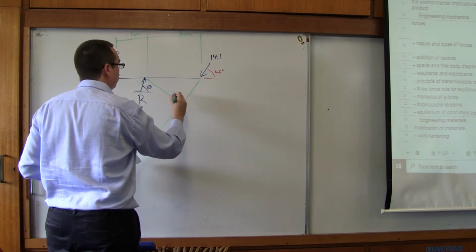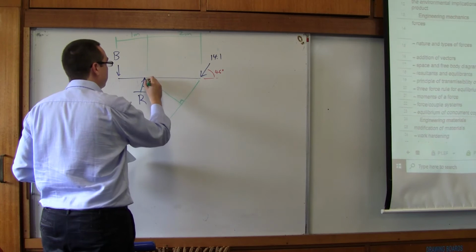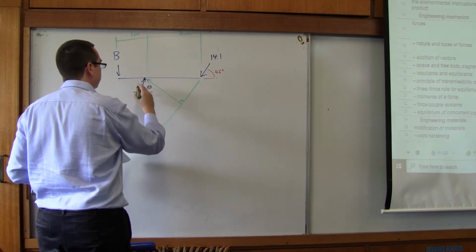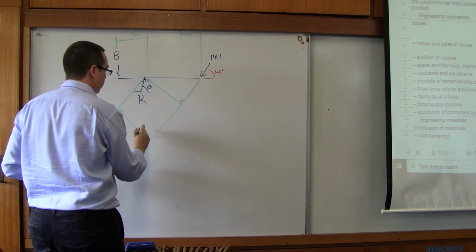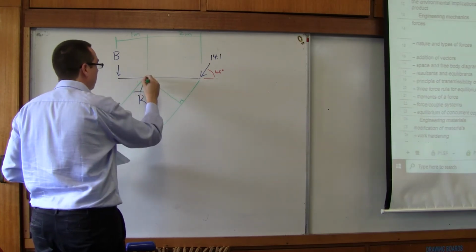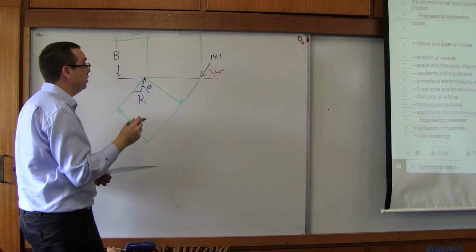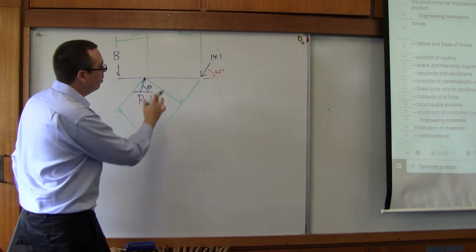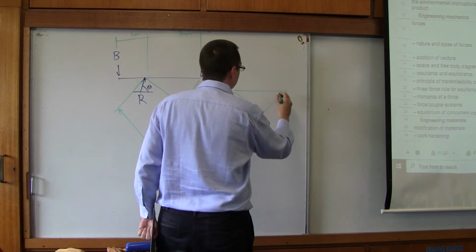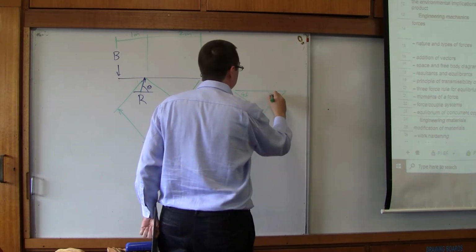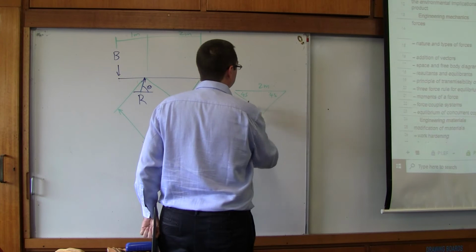Once I've got this perpendicular distance, I can then measure it like this, and I can use this measurement. Now, what would this measurement be? Well, if I know this is 2 meters and this is 45 degrees, if this is 2 meters, what's this value going to be?